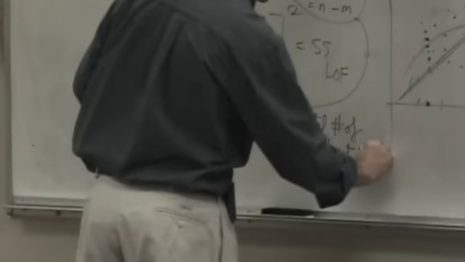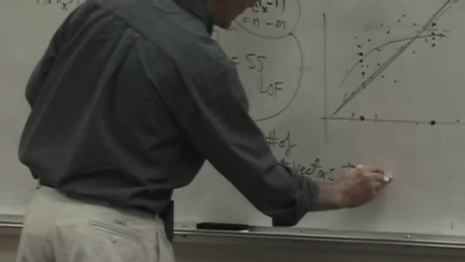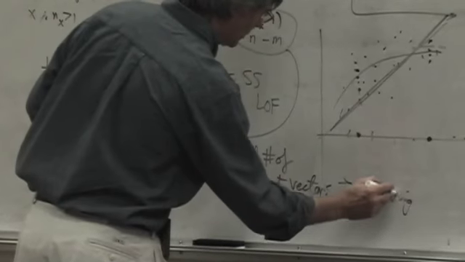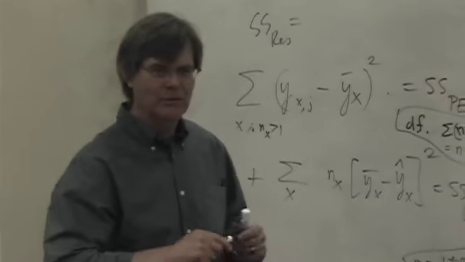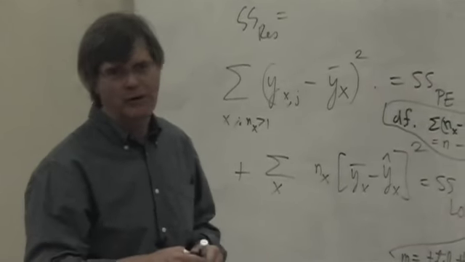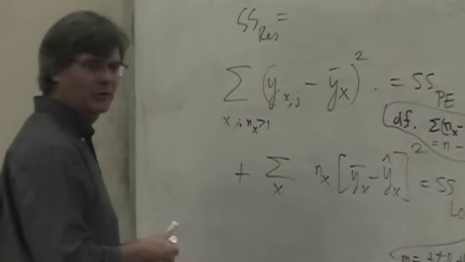But another way to do it is just to add up the nx minus 1s. In practice, I might just add it up as the summation of nx minus 1s that I'm using in my pure error estimation. You're going to see in just a second. So that's the number of degrees of freedom.